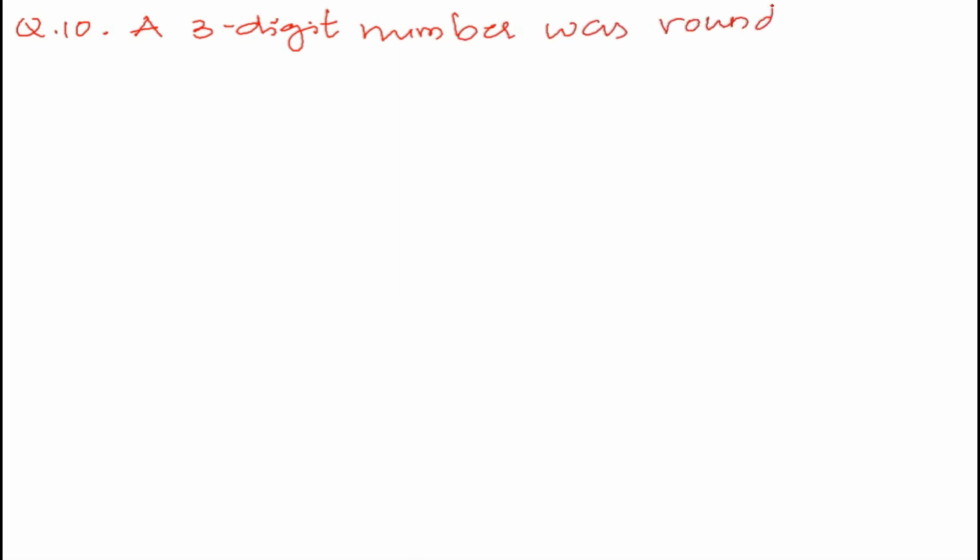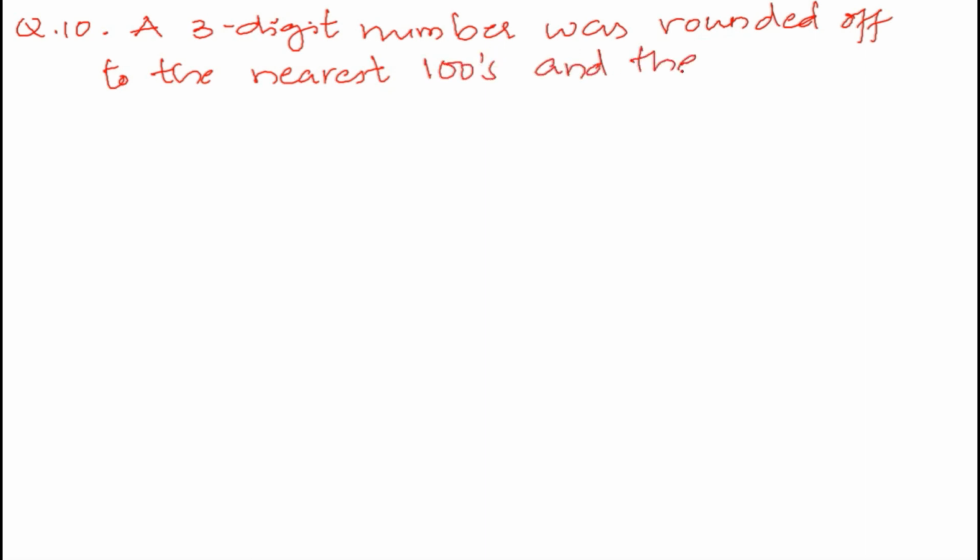A 3-digit number was rounded off to the nearest hundreds and the result was 900.